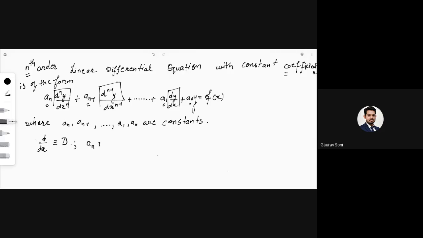So this will be an capital D raised to n y plus an minus 1 D raised to n minus 1 y plus dot dot dot up to a1 capital D y plus a naught y is equal to f of x.